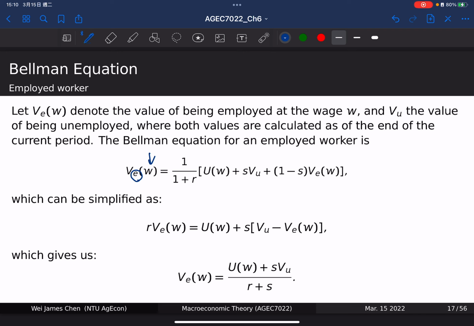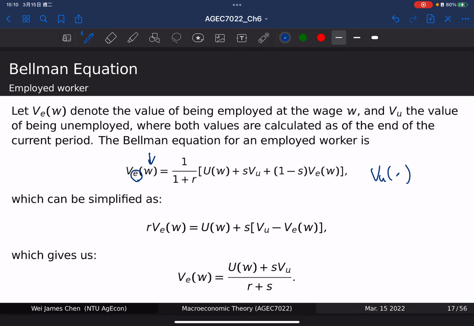V_U is the same kind of value, but this time you're unemployed. There's no V_U of something; V_U is not a function of w. In a way it is a constant if you think about it, because you're unemployed.